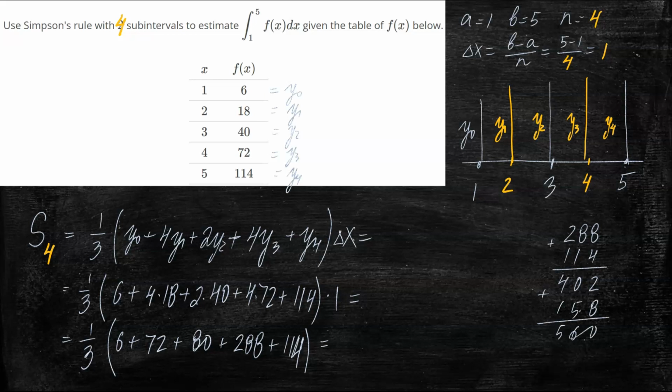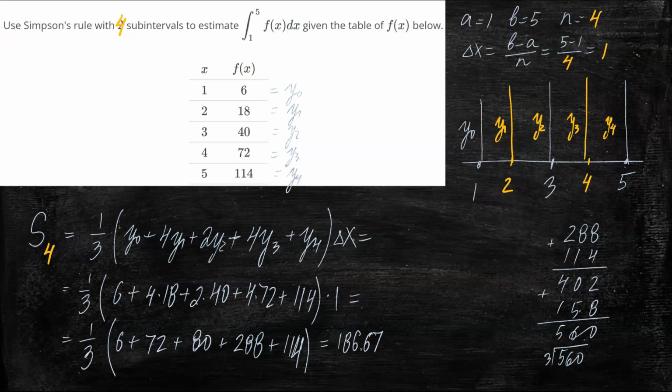So it's 560, and we divide this by 3. 560 divided by 3 is 186.66, something like this, right? So this is how we use the Simpson's formula.